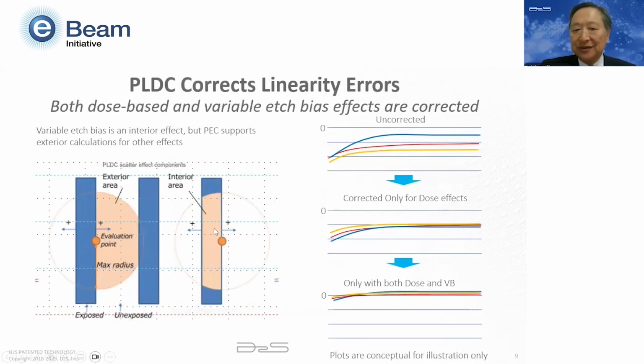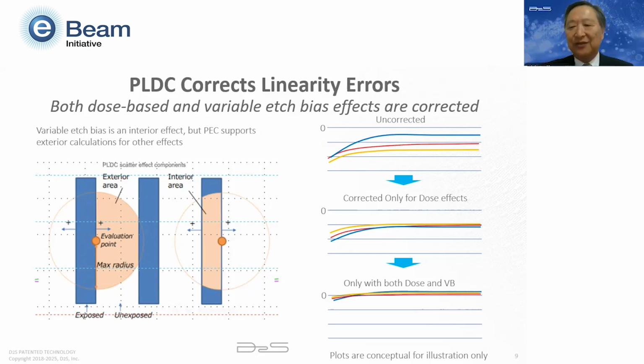It's also important that when you have the linearity correction, that linearity correction has 2 different computing kernels. One is a dose-based one. That's the classic one that most people think of. And the other is a variable edge-based one. Because the kernels, the formulations, the physics is different, you cannot fake one with the other.